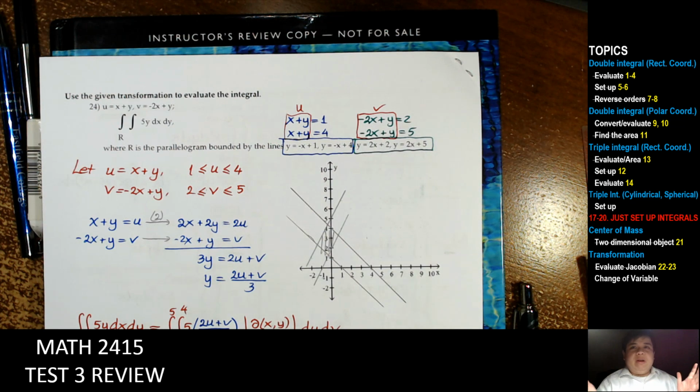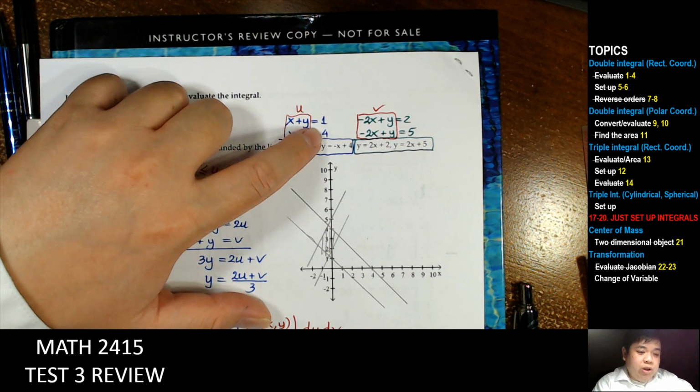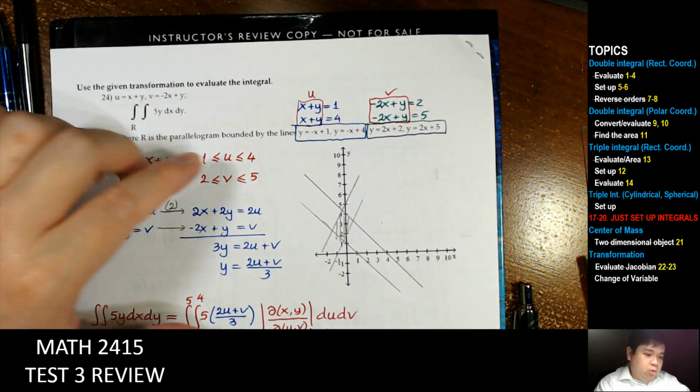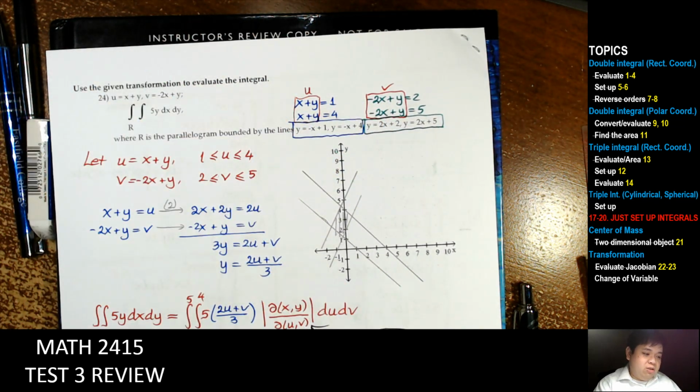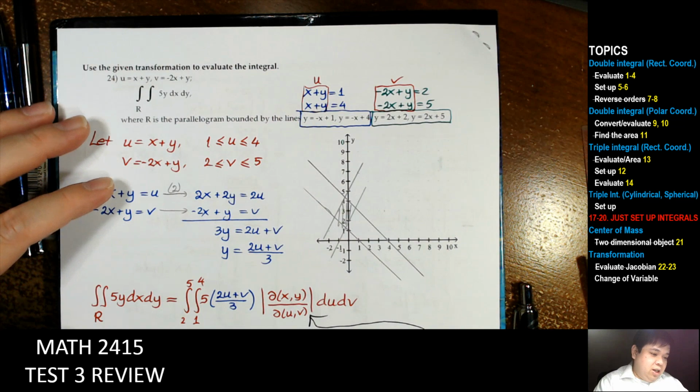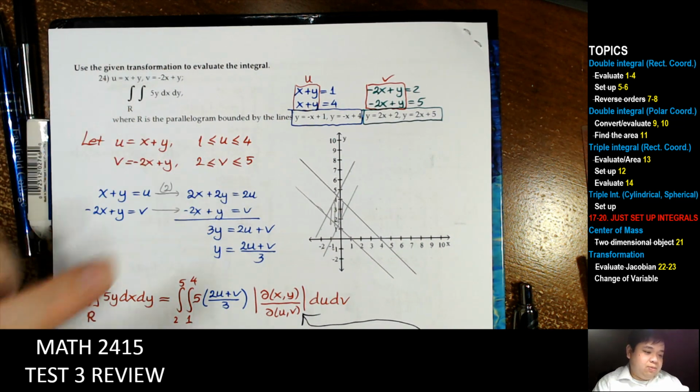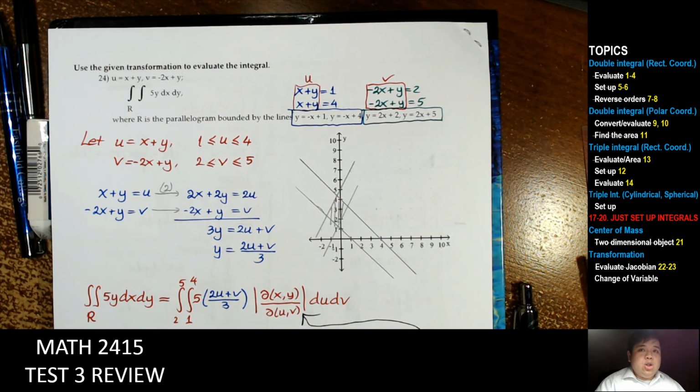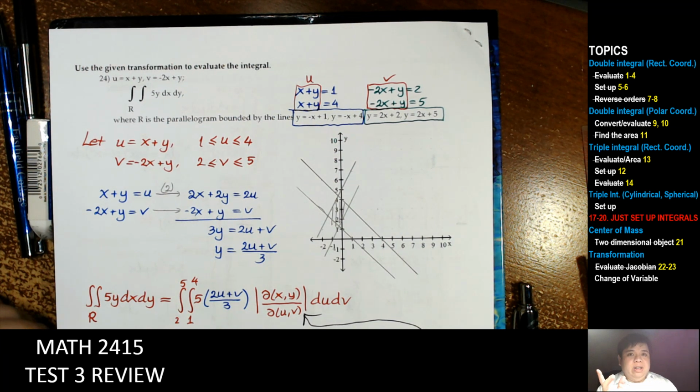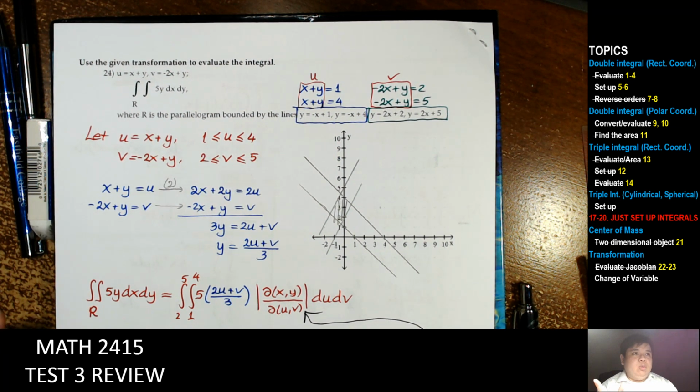One of them is u, one of them is v; it doesn't really matter. But if we choose that, then we only have 2 variables. So the first one's u, the second one's v. With that, we have the limits as well. So we have the change of variable from x, y to u and v, and the limits for u and v, which is good.